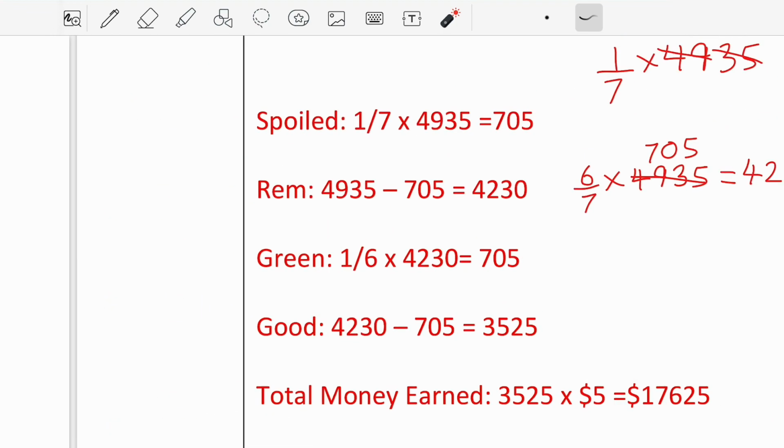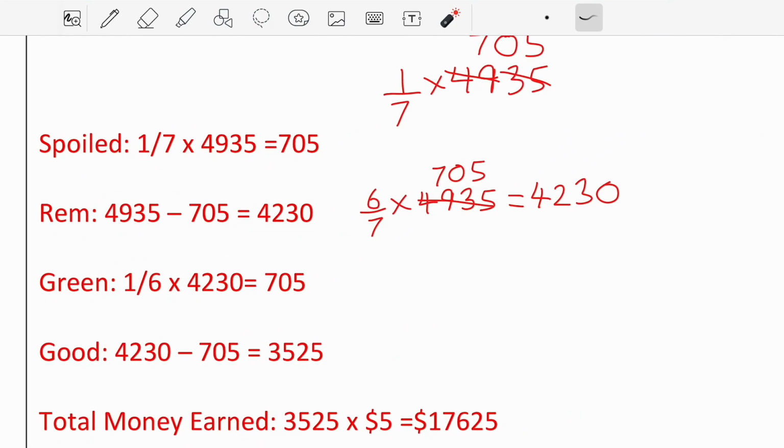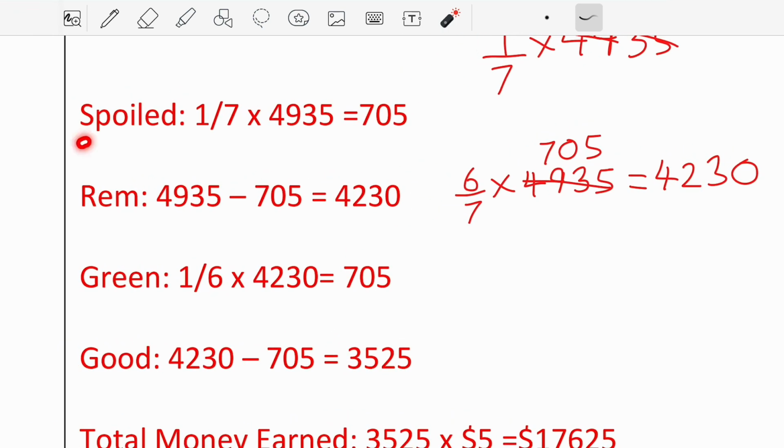Or rather, let me rephrase that. The ones that weren't spoiled and remained is 4,230. So we took away the green ones from the 4,230 and we get 3,525.